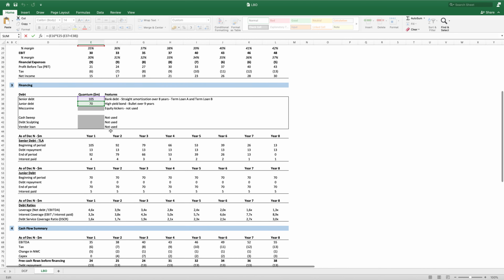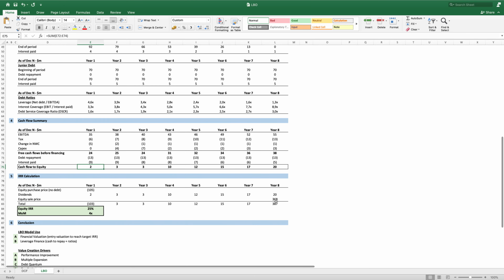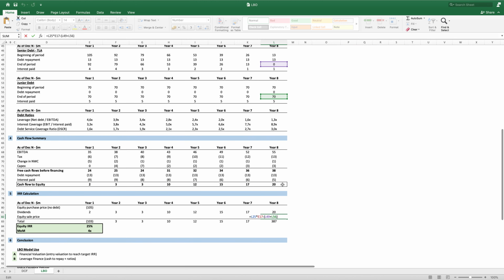Then the second cash stream is the dividend received by the holdco. This is equal to the cash flow to equity generated by the target company. And the last stream of cash flows is, of course, the sale price of the proceeds of the sale minus debt from the sale of the target company.